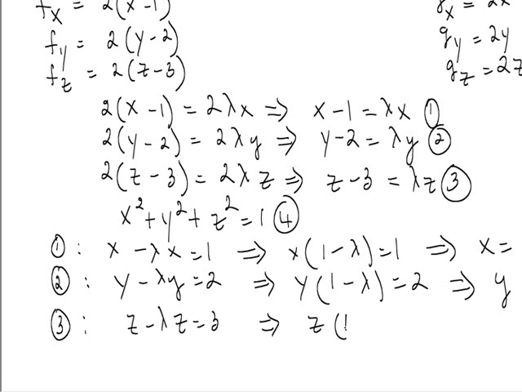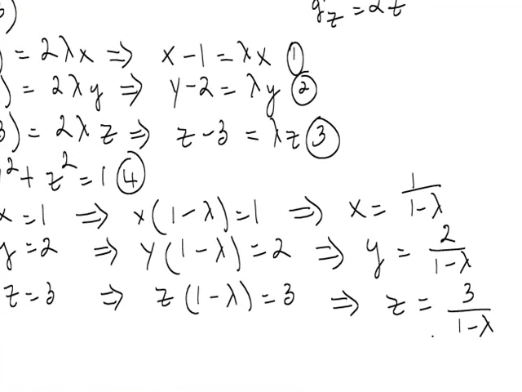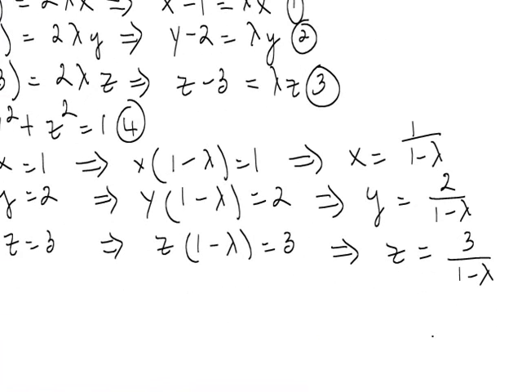Factor out z, 1 minus lambda times z is 3. So z equals 3 over 1 minus lambda. Now this is making a little sense.